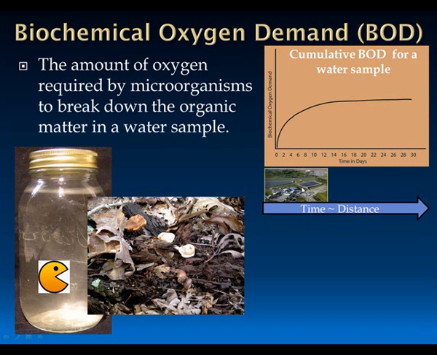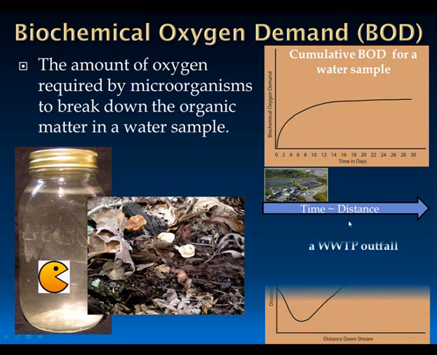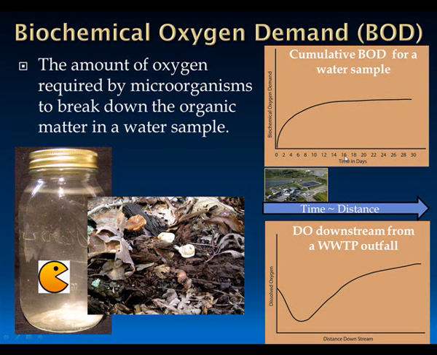This is important if we think about a wastewater treatment plant that we're dumping all kinds of organic material into, and the plant is treating that and then discharging that water to surface water. We can think about time and distance downstream as being similar because it takes time for the water to travel, right? And so a related graph here is the dissolved oxygen concentration in the stream downstream from the wastewater treatment plant outfall. Because the bugs need this oxygen to break down that detritus, or the human waste, you get a dive in dissolved oxygen as you move downstream.